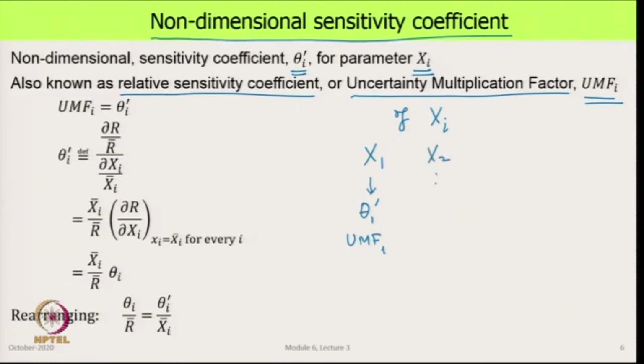For variable x 2 we will get theta 2 prime or UMF 2 and so on.